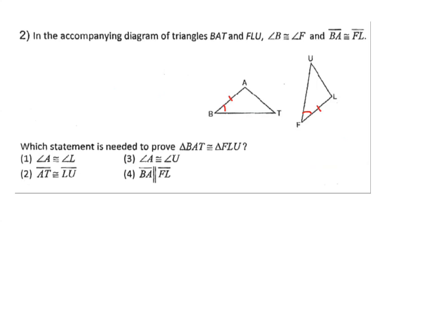Now, which statement is needed to prove that these two triangles are congruent? Angle A and angle L. Will that be the case? Yeah, that would have been correct, because in that case, this would have been angle, side, angle. So the first one is okay.